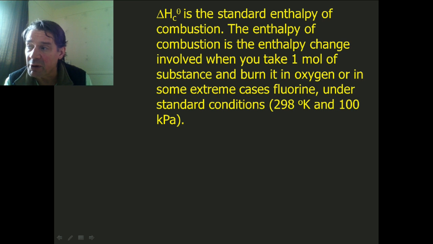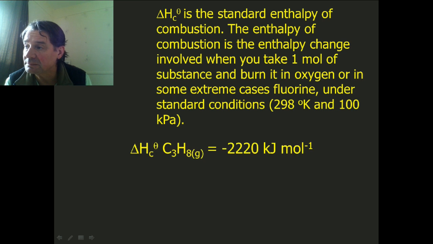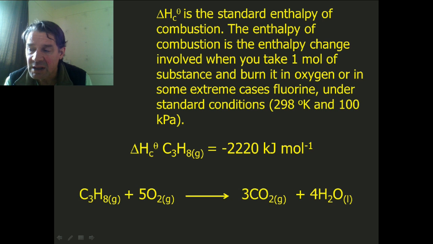Again, take propane. Delta HC standard of C3H8 gas equals minus 2220 kilojoules per mole, and we would write it as an equation: C3H8 gas plus 5O2 gas goes to 3CO2 gas plus 4 H2O liquid.